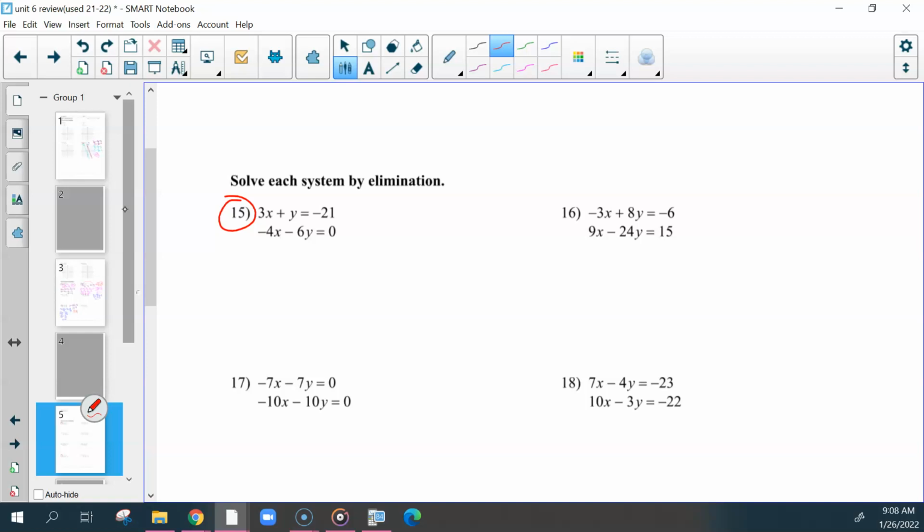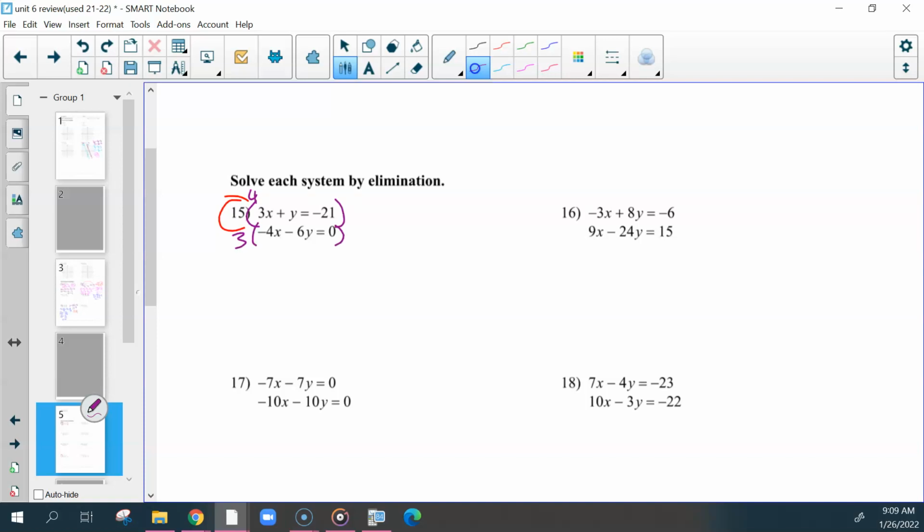So, do we want to eliminate x or y first? X. Okay. So if we're eliminating x, we need these two numbers to be the same. What is the number that they both go into? 12. So we would need to multiply our top by 4 and the bottom by 3.